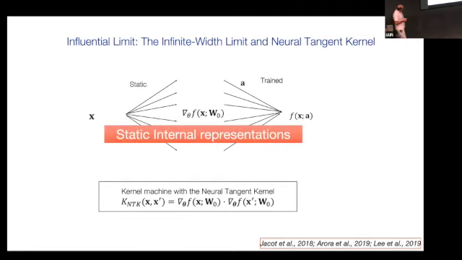Now, of course, this particular limit can be criticized, and one particular criticism is due to its static internal representations. What I mean by this is, you see these features here. They are the things that are supposed to extract interesting features from this data, right?